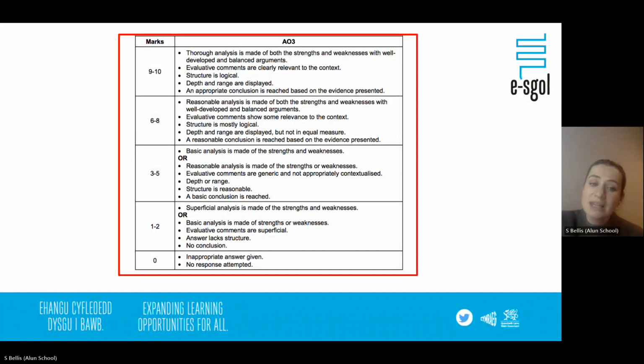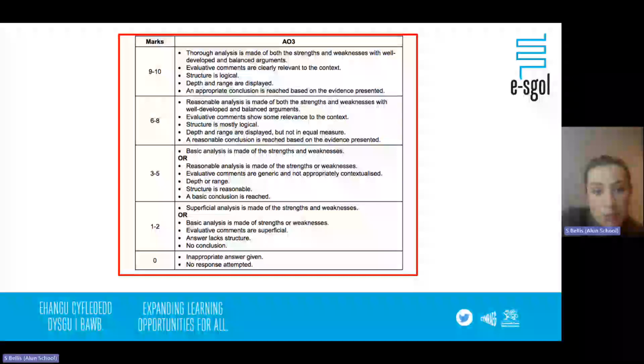Now, in an evaluation question, if you do not conclude because you either forget or you run out of time, you will see here that you will only get 1 to 2 marks in that question, because it says a basic conclusion is reached. Well, if you've not written any conclusion, then a basic conclusion isn't reached. So you will probably get 2 marks.